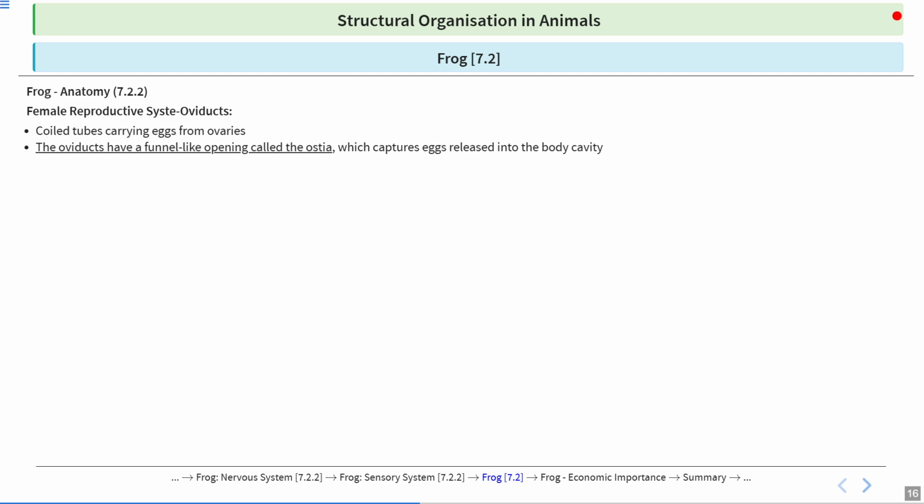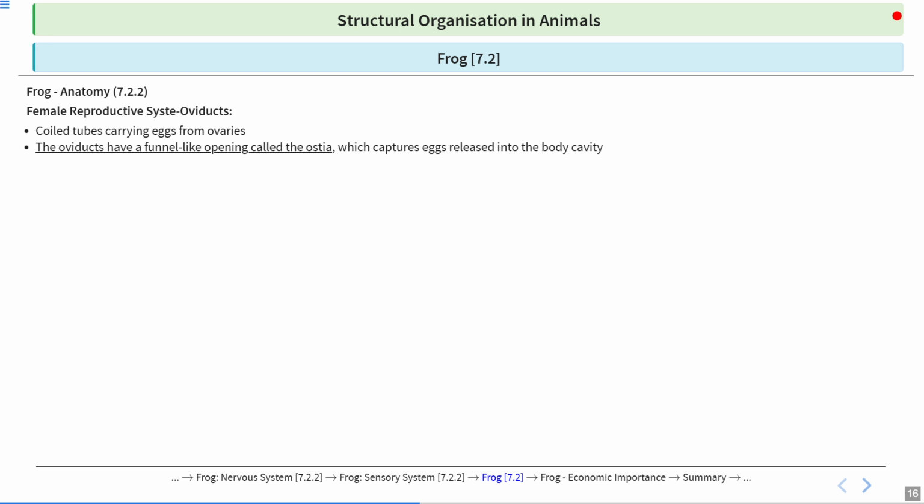Why do they have the funnel shape? Because this funnel shape helps them to capture all the eggs that are released from the ovary, right? So this shape helps in capturing the released ova from the ovary. That is why they have the funnel-like opening, which captures eggs released into the body cavity.